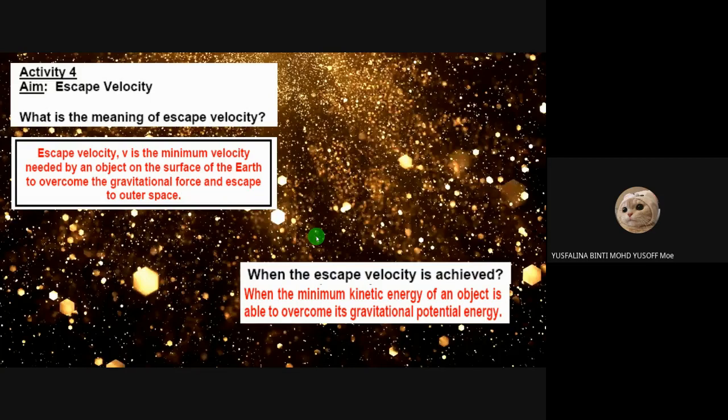You know that the conservation of energy says energy cannot be destroyed, it can only change form. So the energy changes from gravitational potential energy to kinetic energy. So when is the escape velocity achieved? When the minimum kinetic energy of an object is able to overcome its gravitational potential energy.